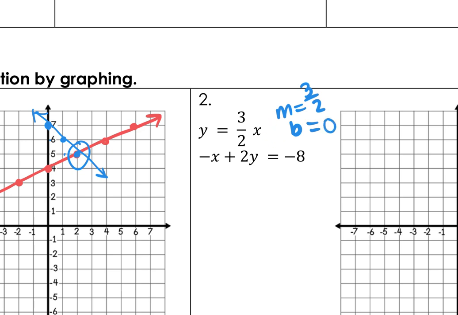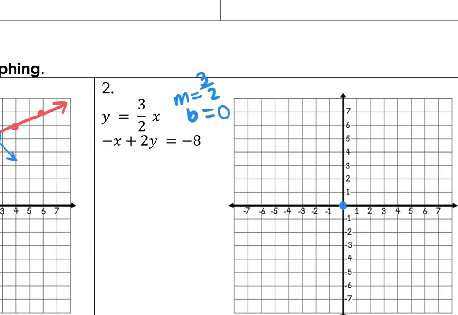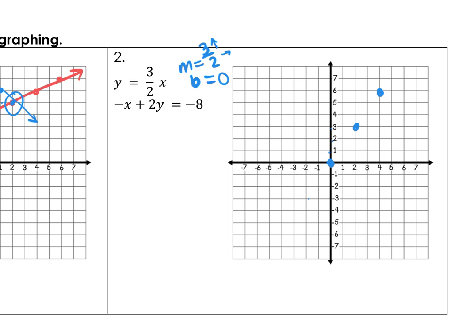Very good. So my first point is going to be right in the middle at 0, 0. And then from there, I have a 3 over 2 slope. So I'm going up 3 and to the right 2 because it's positive. So up 3 over 2. Or I could go down and left.